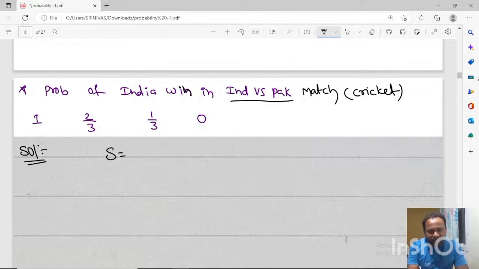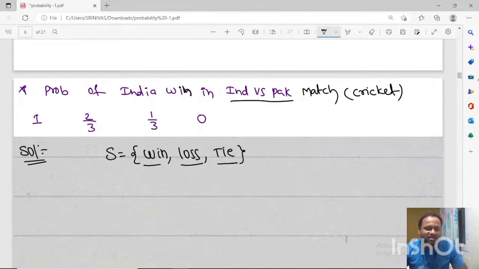First of all, I will take a sample space. Here, what are the choices in a match? Maybe win, maybe loss, maybe tie. Don't say that the match was abandoned due to rain, because I am saying the winning choice. So win, lose, or tie. These are three choices. What is my favorable?